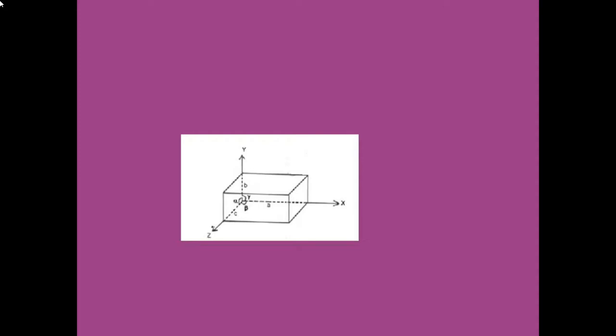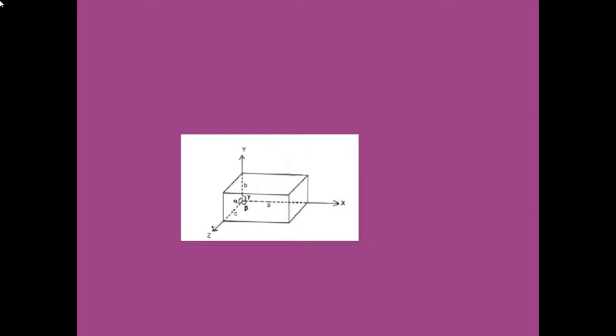The angle between these crystallographic axes is represented by alpha between Y and Z, beta between Z and X, and gamma between X and Y. The intercepts A, B and C, which define the dimensions of the unit cell on the respective crystallographic axes, are called the primitives of the unit cell. Fill in the blanks can be asked based on this.